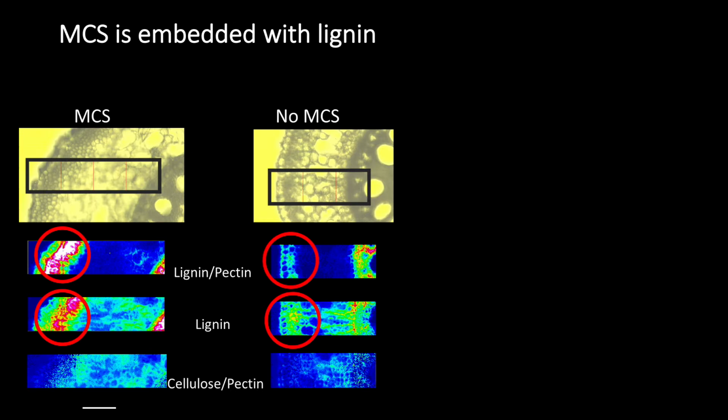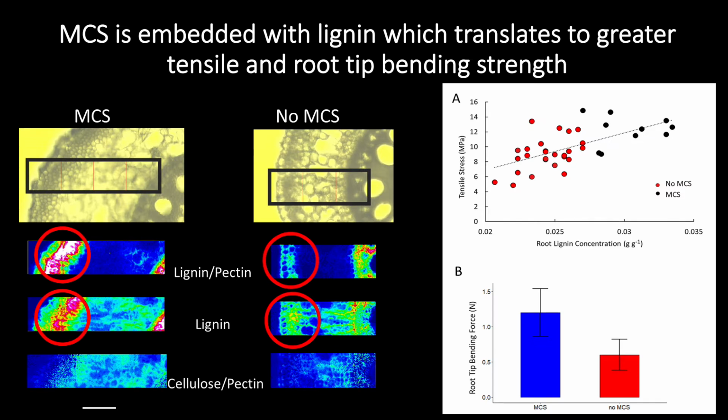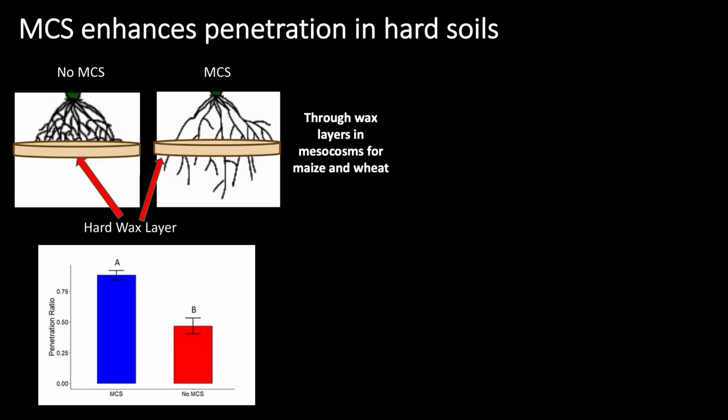The MCS lines are rich in lignin, as you can see here on the left. And that lignin is associated with greater tensile and root tip bending strength, as you can see here. MCS enhances penetration in hard soils.